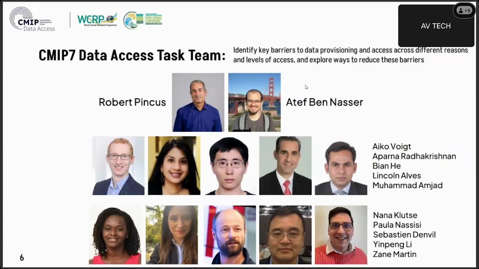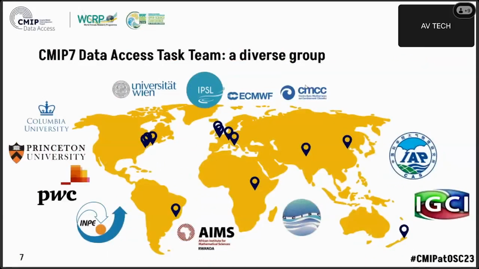Robert is leading, and Ben as well. I don't want to go through all the names, but every region across the world has a representation. The map shows how the CMIP task team is distributed from a diverse group. We have a representation for every continent on the task group.